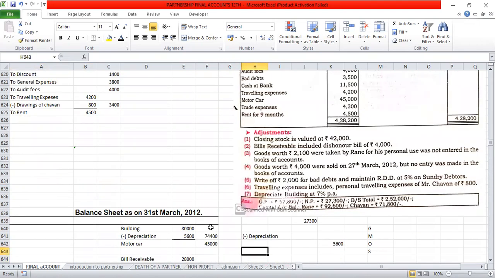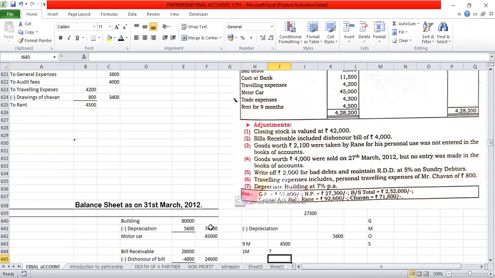9 months' rent is 4,500. For 1 month, how much? 4,500 divided by 9 months gives 500 per month.